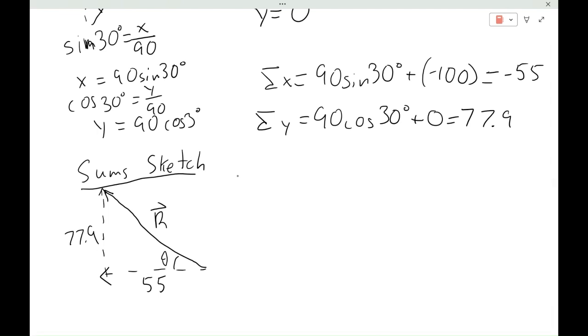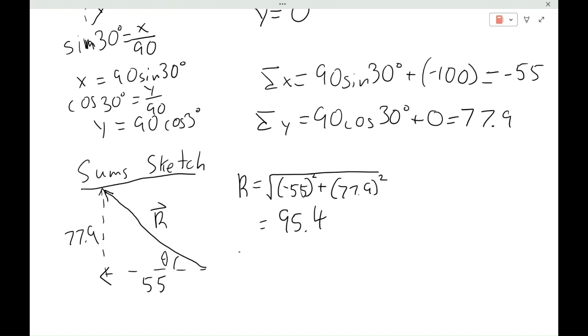Okay, so to find the magnitude, we would first have to do the square root of negative 55 squared plus 77.9 squared. And I know this equals 95.4, and that is our magnitude.